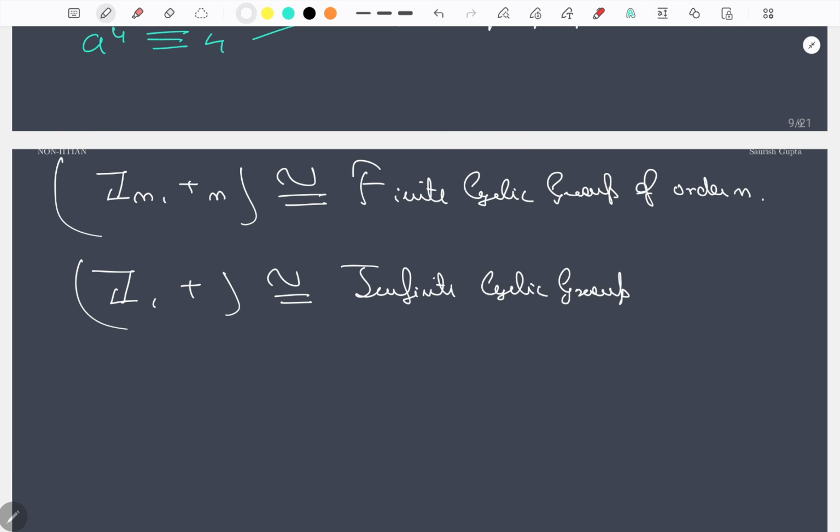In fact, these two theorems completely characterize cyclic groups, because a cyclic group can either be finite or infinite. So it's either isomorphic to Zn or it's isomorphic to Z. This is also called the fundamental theorem of cyclic groups.